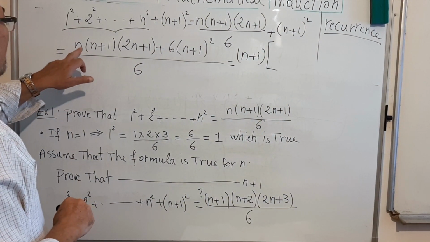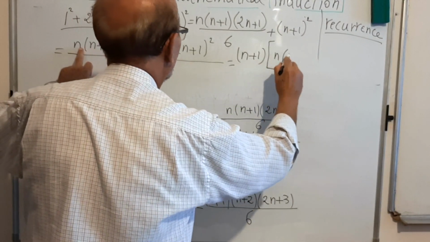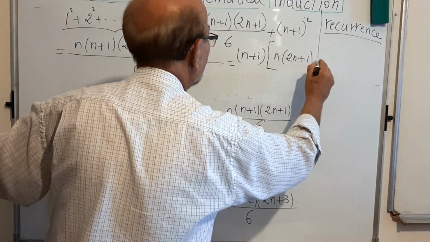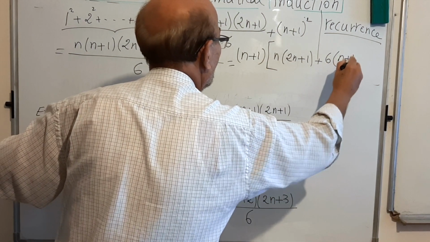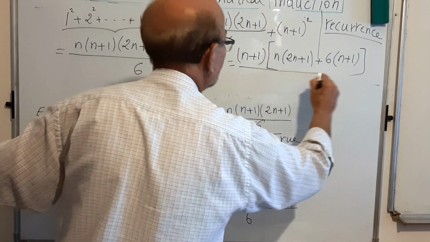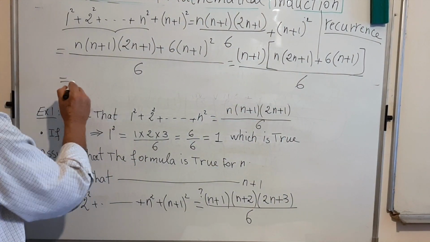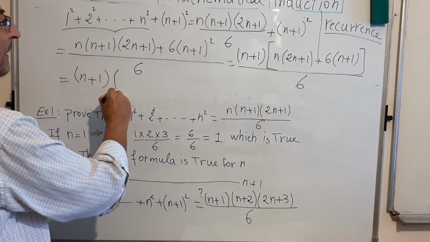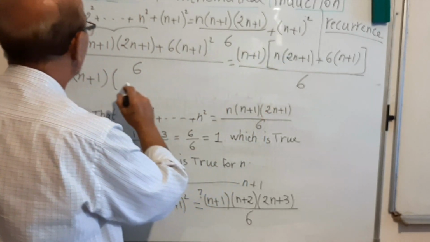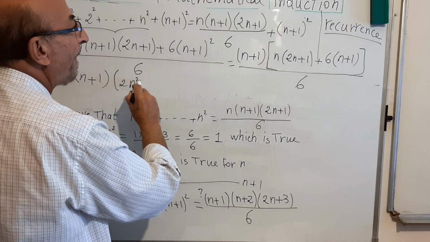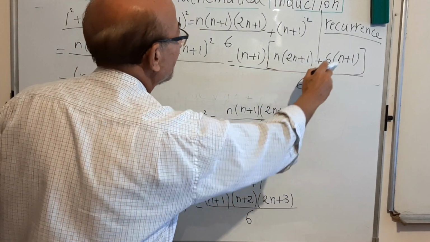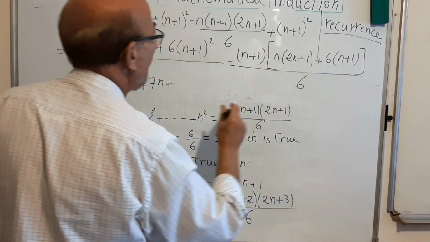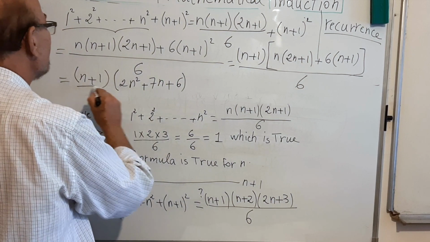We obtain n plus 1 into n times 2n plus 1 plus 6 times n plus 1, over 6, equal n plus 1 into 2n square plus n plus 6n, 7n, plus 6 over 6.